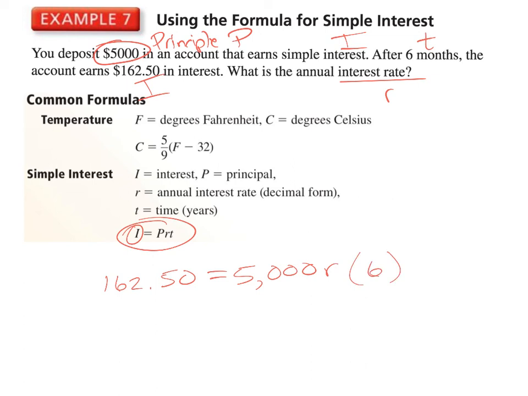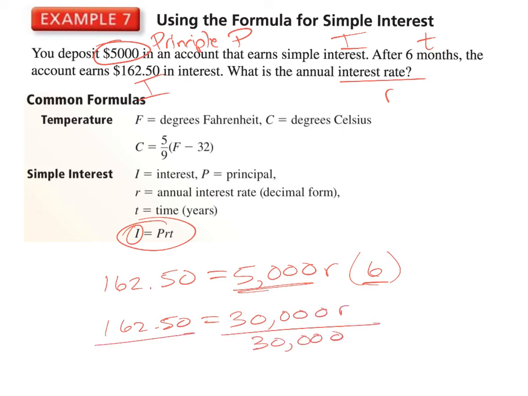Okay, so let's figure out what R is. First thing we could do is multiply these two quantities. So I have 162.50 is equal to 30,000 times R. And then I just divide by 30,000 and I isolate R. And I obtain my answer. So R is equal to 0.0054, okay?